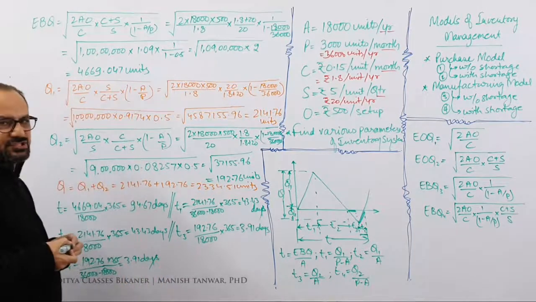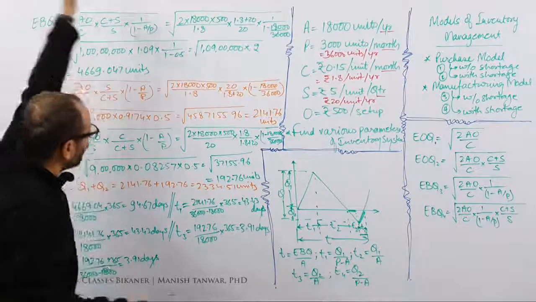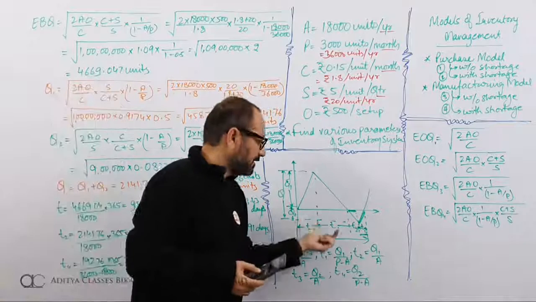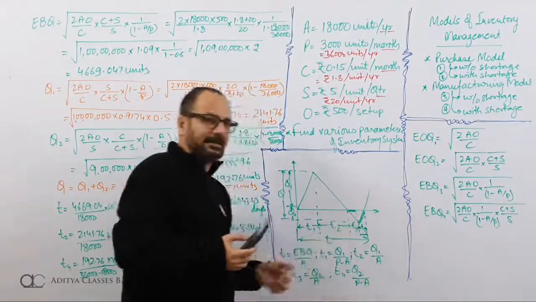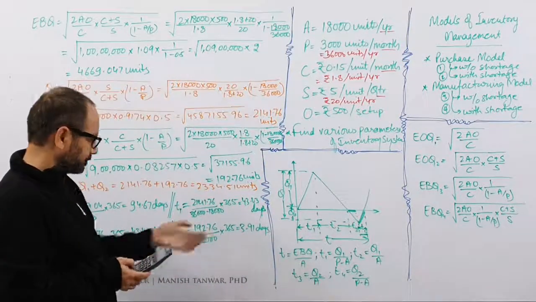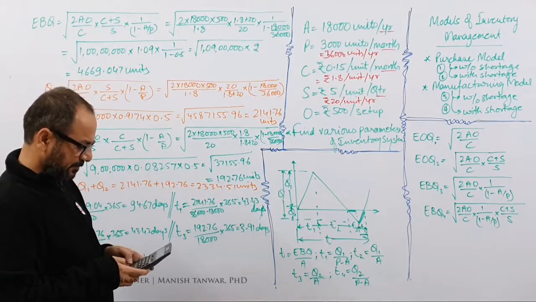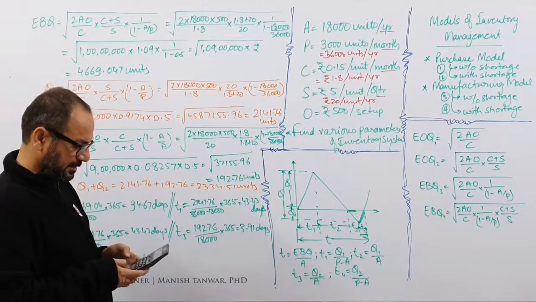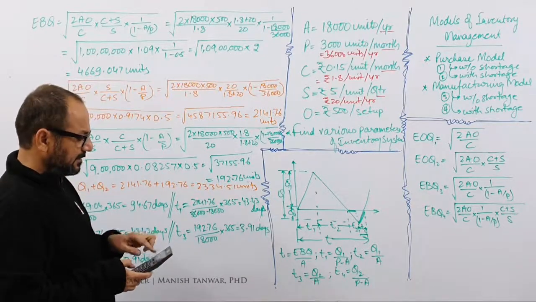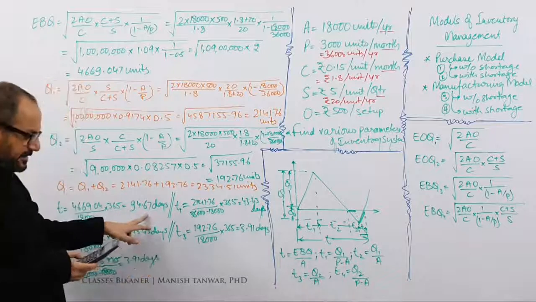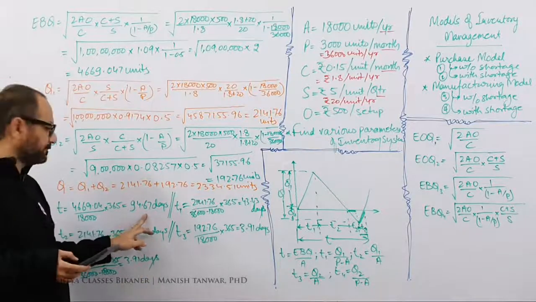Now, if we wish to check if all these calculations are correct, what should we do? We should add T1, T2, T3, T4 to get T. Let me see. It is 3.91, then 43.43, and this complete is 94.67 or 68.